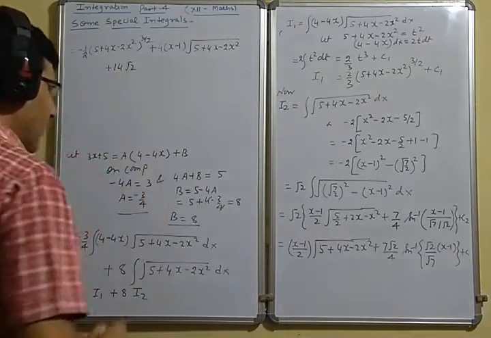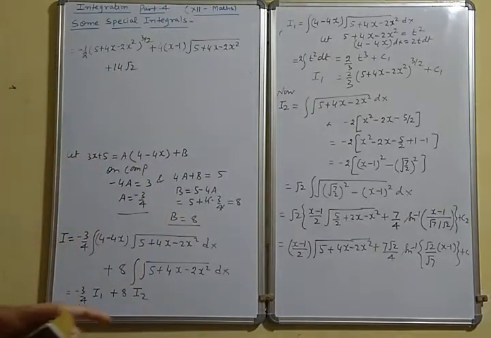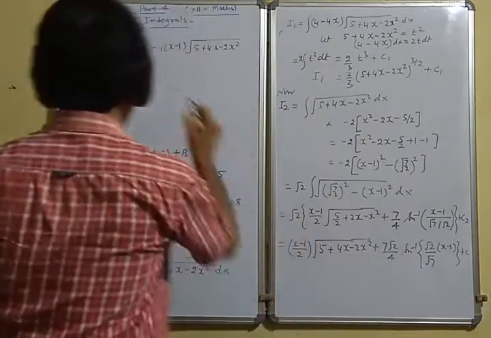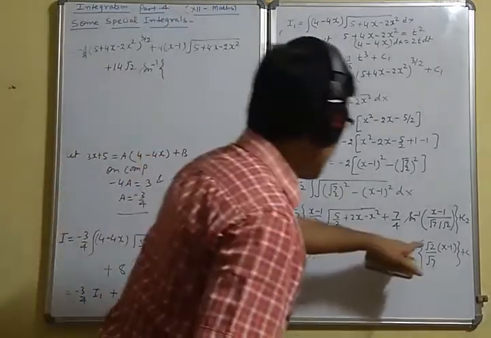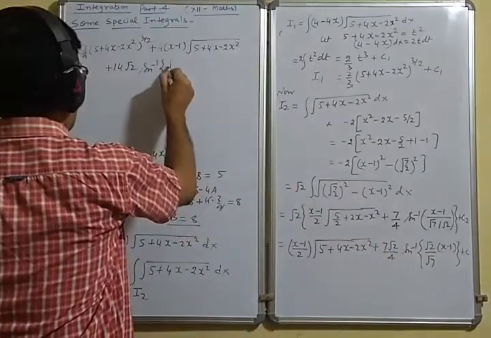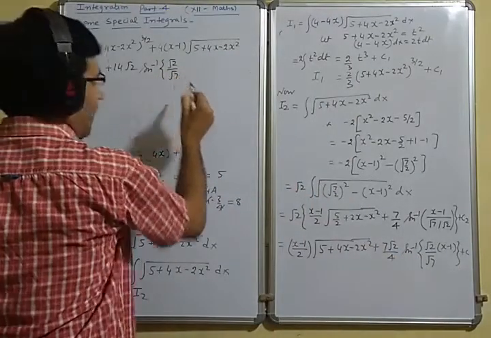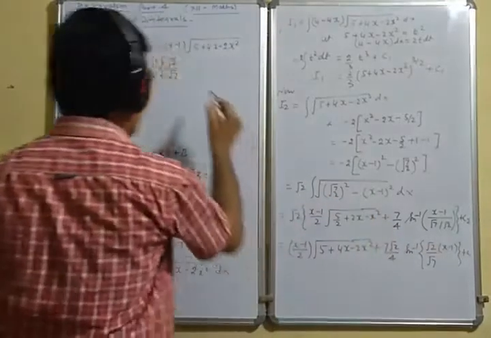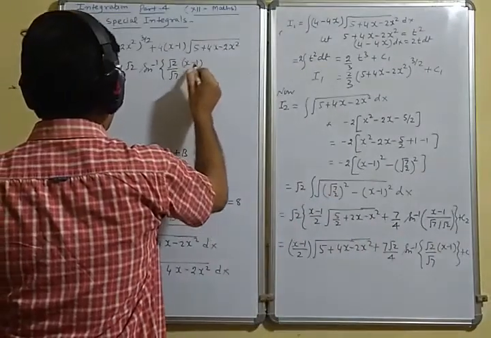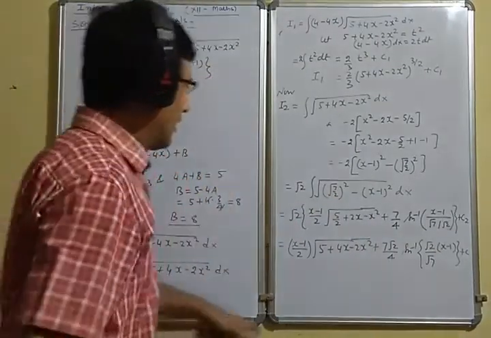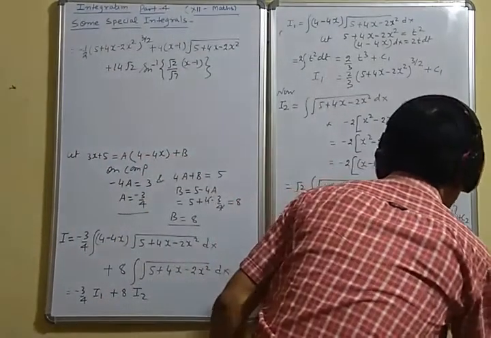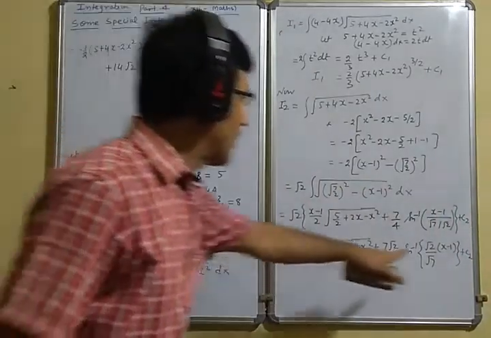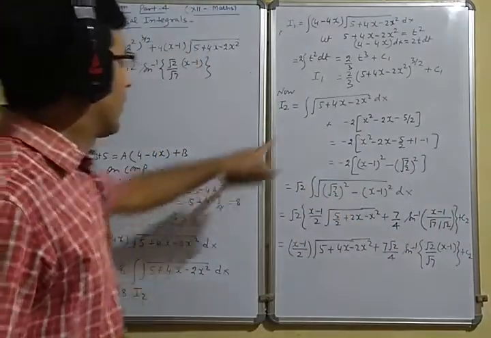14 root 2 sine inverse root 2 by root 7 x minus 1 plus 8 times, take this as c2, so 8 times c2 and this one as c1.